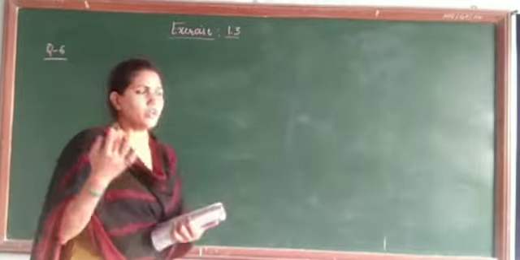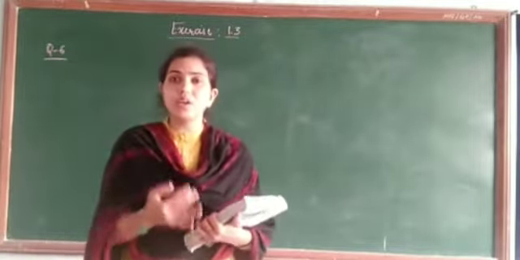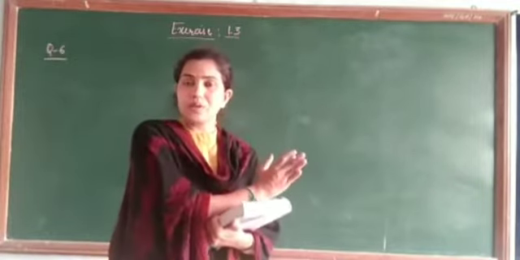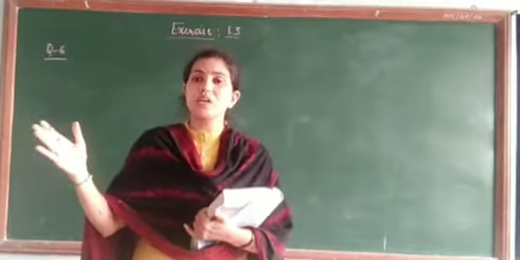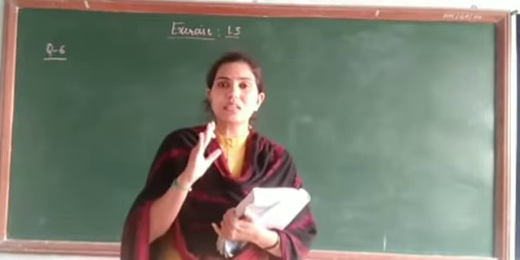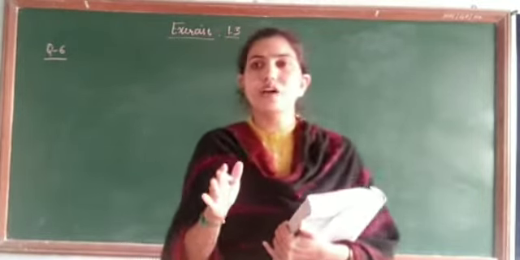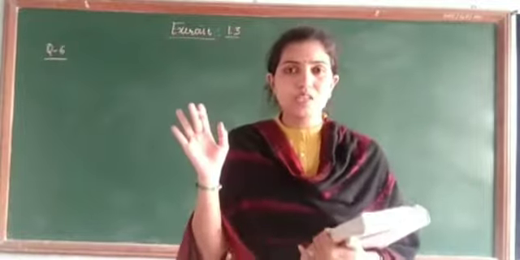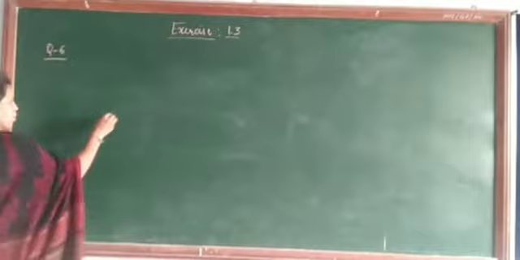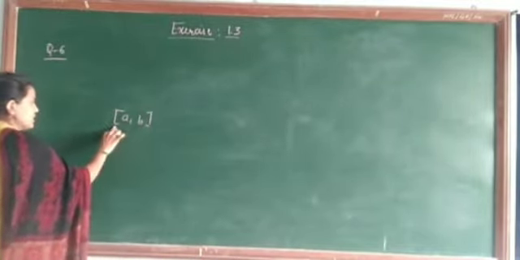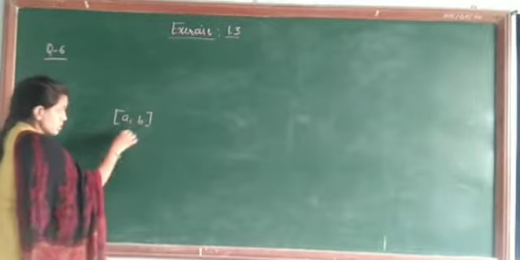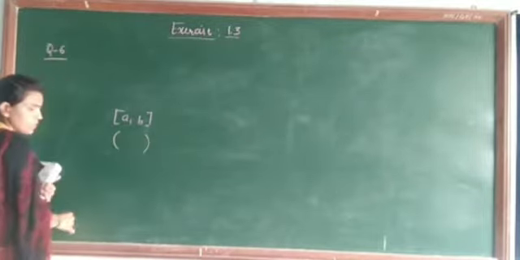Now if you have a clear idea of how to write an interval, or how to write it in set form, roster form, and interval form, then it will be very clear to you how to write down everything. That's why I made you do it 2-3 times, how we write an interval. Suppose an interval is called closed, and this will be open.